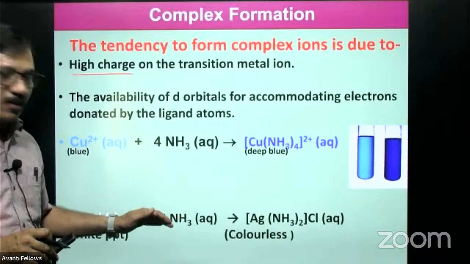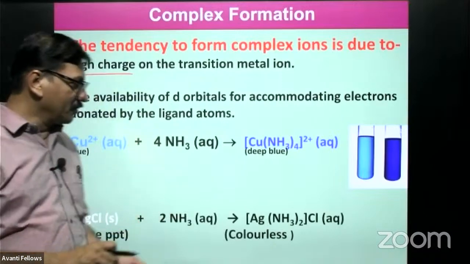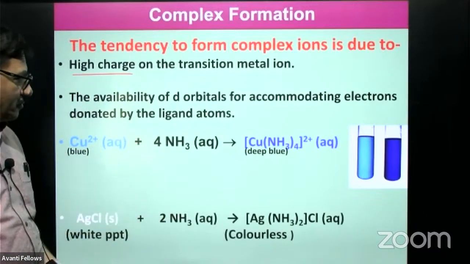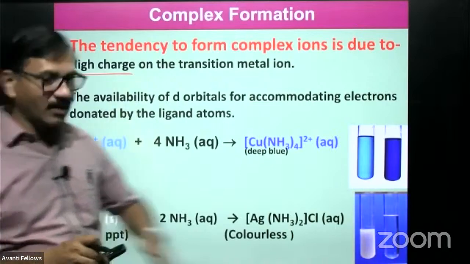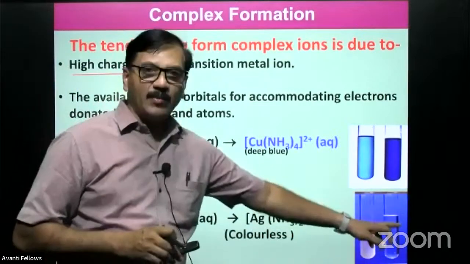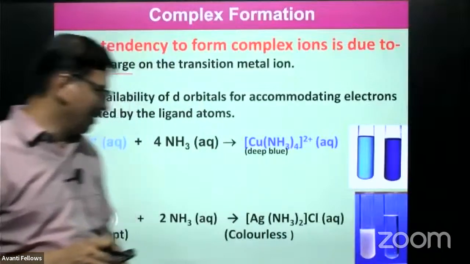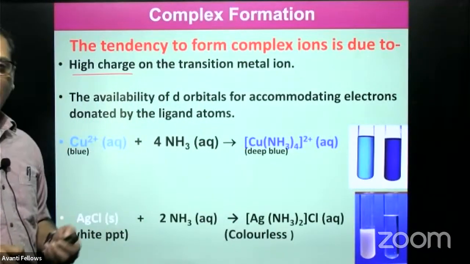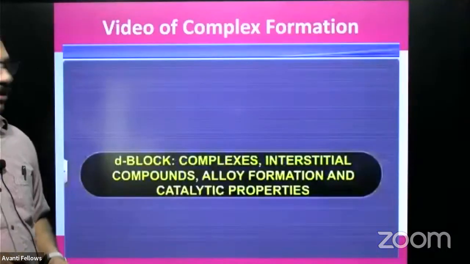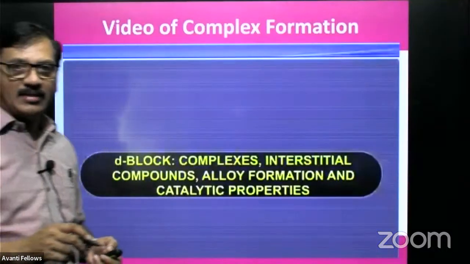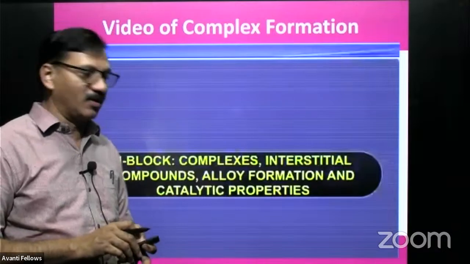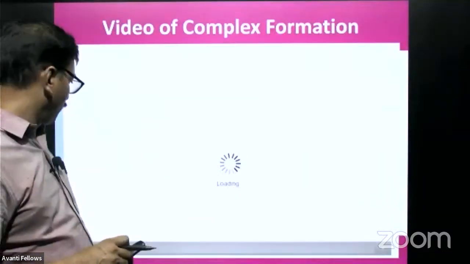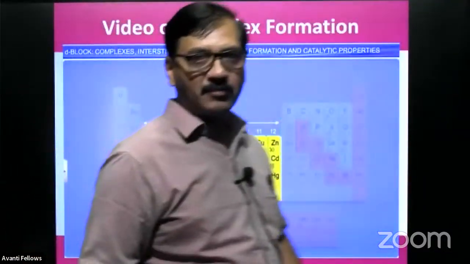It is soluble in NH3, so the white AgCl dissolves in ammonia, forming an ammonia complex. This is the way complex formation occurs. You see the video so that we can understand more about it.